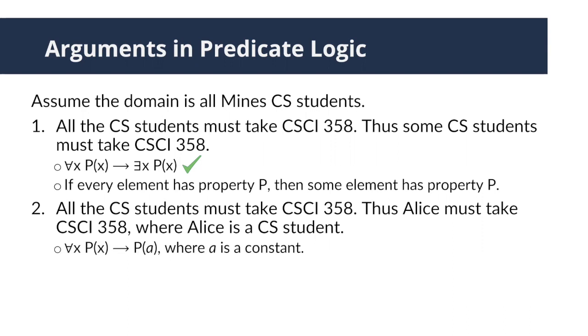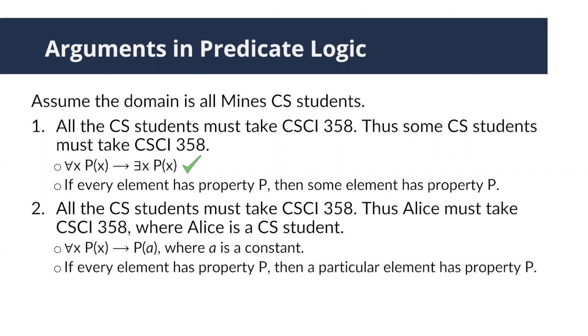The logical expression is, for any x, px implies pa, where a is a constant. Why is a a constant? Because here Alice is a particular element in the domain. Therefore, when we translate that into a logical expression, we need to use a variable representing a constant to represent it.